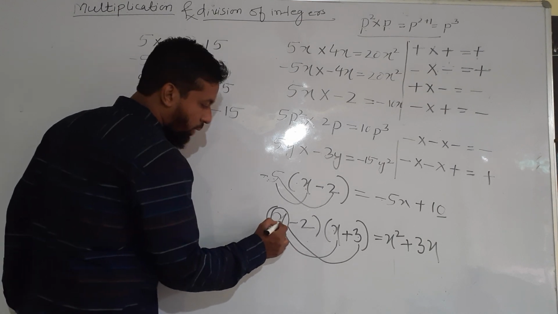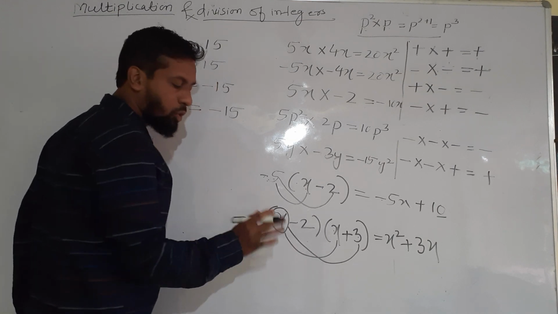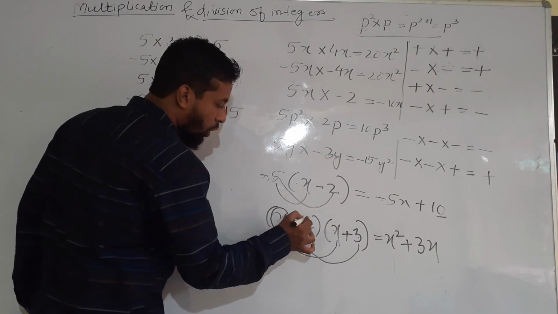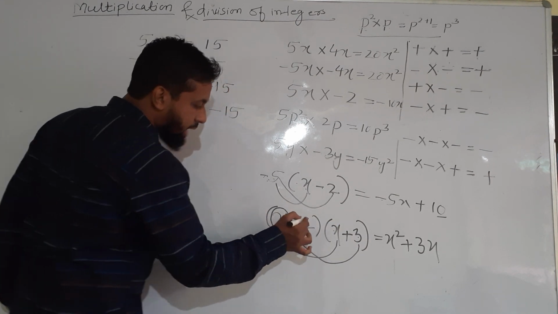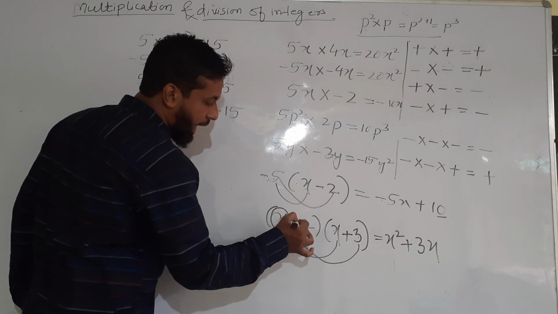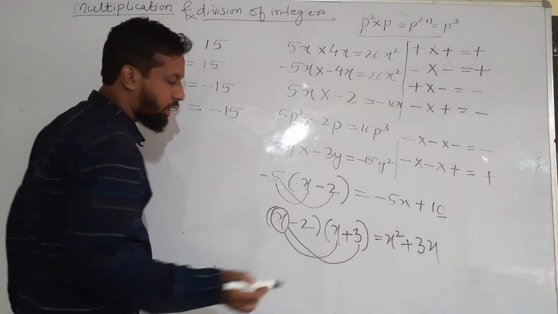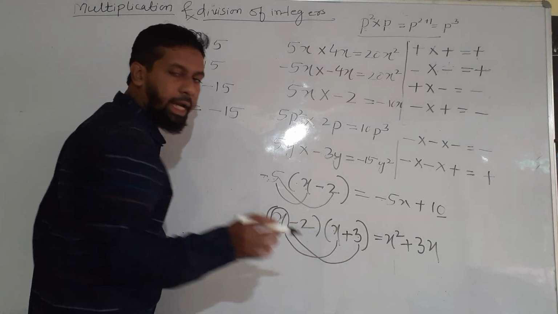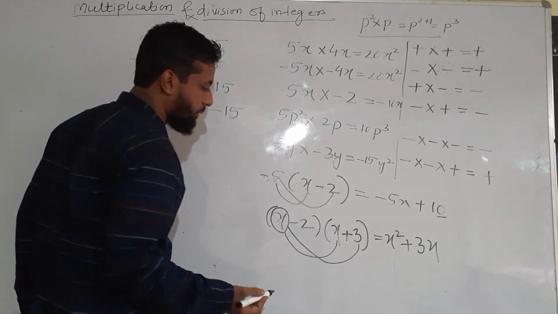Now, this is over. Multiplication with this term is over. Now we will multiply these two terms with minus 2. Second term of the first bracket has to be multiplied with the first term of the second bracket, also second term of the second bracket.